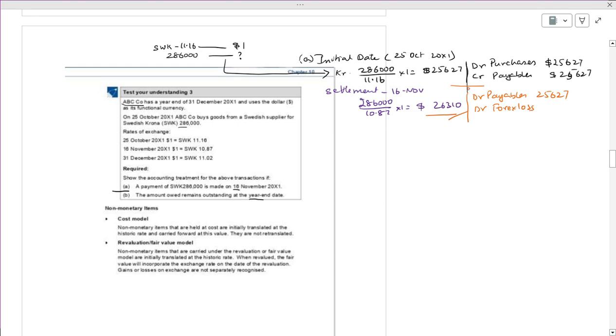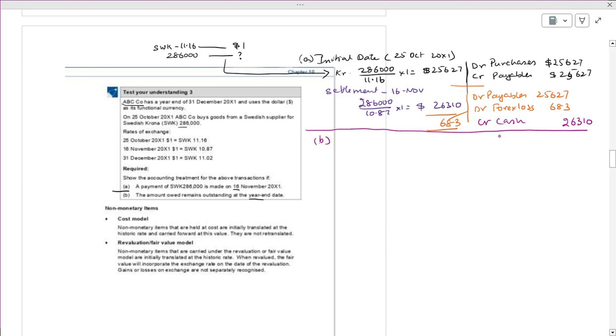Understanding, Hussein? Yes. Next, what is the credit? Cash. How much? Total amount, which is 26310. This is the first part. Are you understanding now? Yes, doctor.